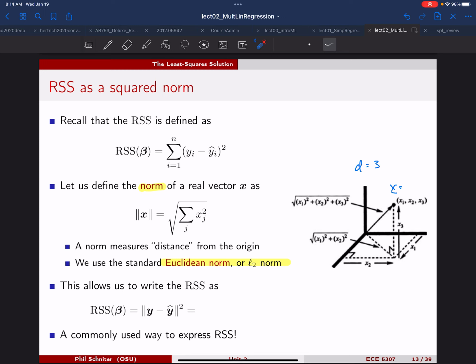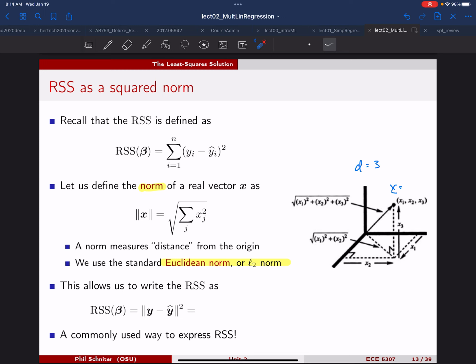It's just from basic trigonometry. We know if we were living in a plane, the distance between 2 points you could get as the square root of the sum of the squares. And now when we're living in 3 dimensions, it's the square root of the sum of the squares again, but in all 3 dimensions. So this distance is the square root of x1 squared plus x2 squared plus x3 squared.